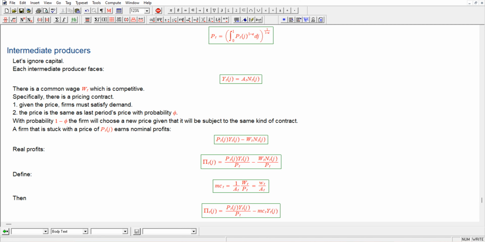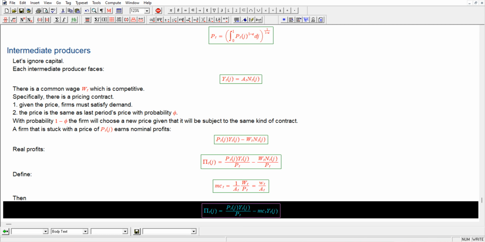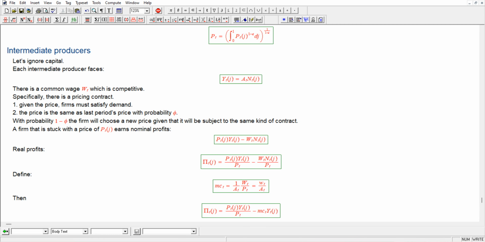Now, here we only have one input, so if there were multiple inputs, such as capital, then the firm would have a problem to solve, which would be how to minimize the cost of meeting demand. But if you were to do that, you would still ultimately end up with an equation with the same form, because there will be an optimal capital labor ratio that everyone has to satisfy.